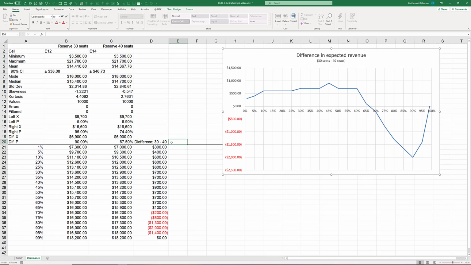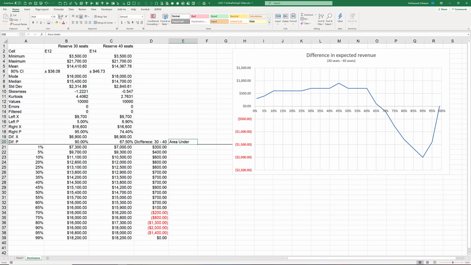So here is the area under the curve. So we're going to now take the difference. The first one is the width, 5% minus 1%. From then on, it will be 10% minus 5, and so on. Okay, so that's the width.